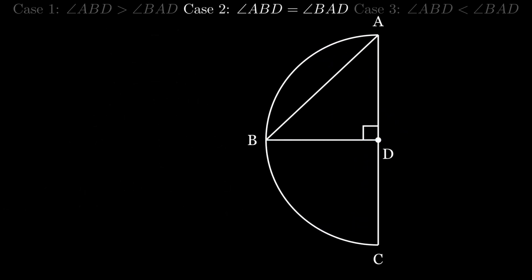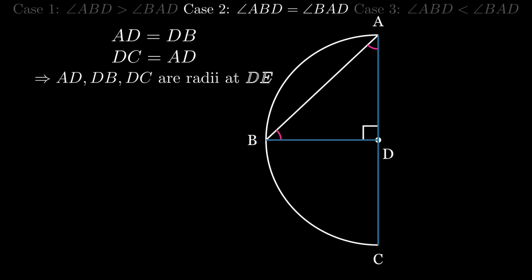Moving on to the second case, where angle ABD is equal to angle BAD, we have the isosceles triangle ABD, so AD is equal to DB, and also DC is equal to AD, since AC was bisected at D. So as before, we have found three equal lines that meet at D and also lie on the circumference part of the segment.